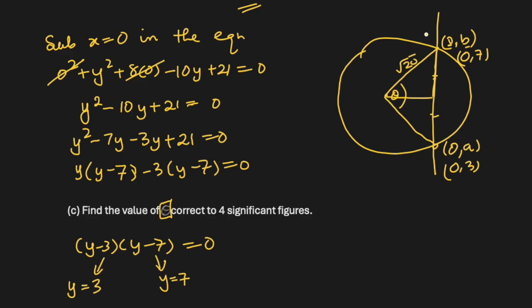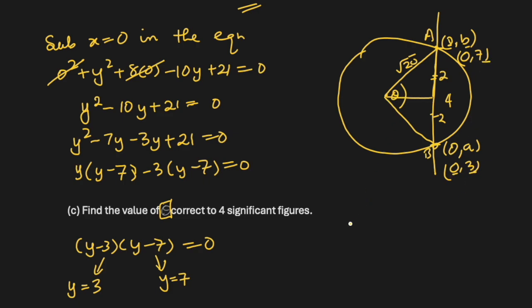These are A and B. So what will be the length of AB? We don't need the distance formula, because the x coordinate is 0 for both, so the difference between them is 4. That means this length is 2 units and this length is also 2 units. 7 and 3, the difference is 4.